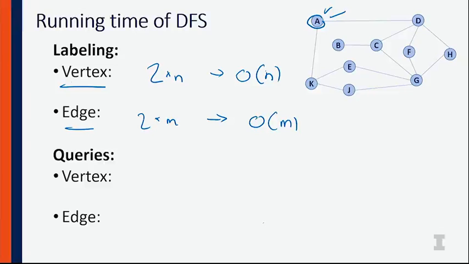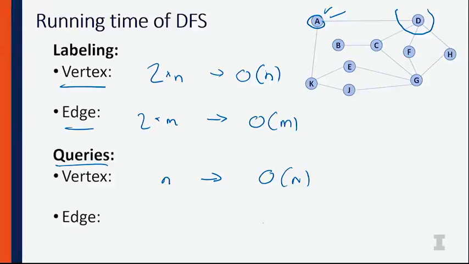Now when we query our data structure, we know that we're going around every single node. So we know that we're going through every single vertex exactly once. So we visit every vertex exactly one time. This is O of n. When we look at a single vertex, we're going to visit every single one of that vertex's edges.